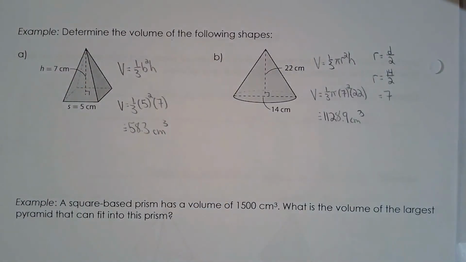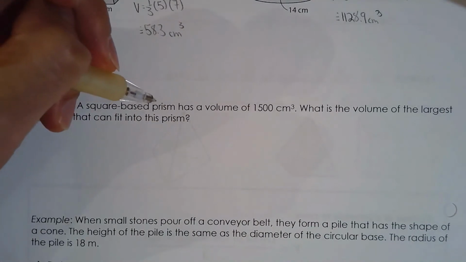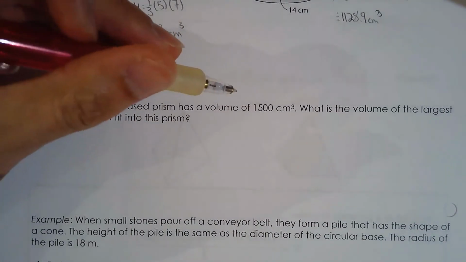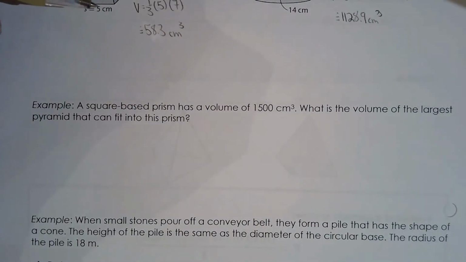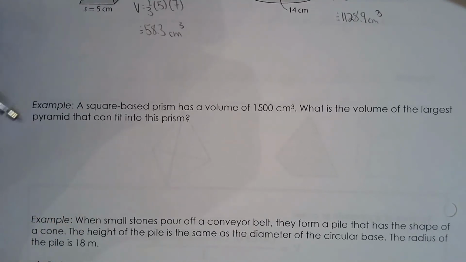Okay, let's see. A square base prism has a volume of 1,500 cubic centimeters. What is the volume of the largest pyramid that can fit into this prism? Okay, so it just fits in. Basically, they're asking you for the volume of the related pyramid. So hopefully remember the relationship we talked about earlier.